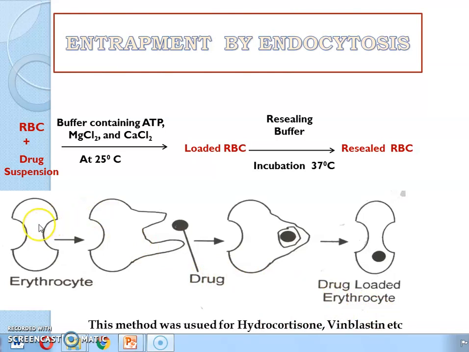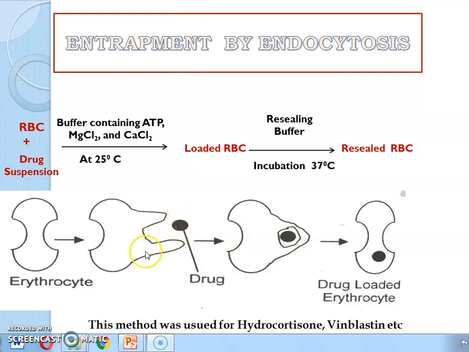So an easy diagrammatic presentation of this method is given here. See, this is the erythrocyte, which is added into the buffer solution. There is a formation of a hole-like structure where this is the drug. This drug is engulfed.